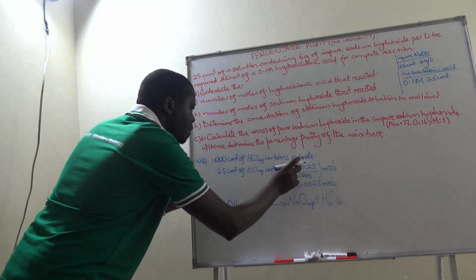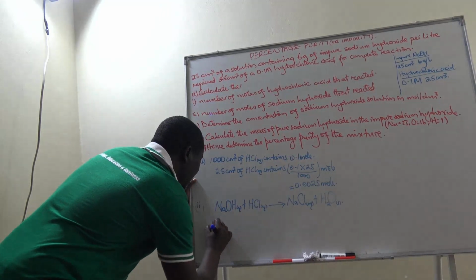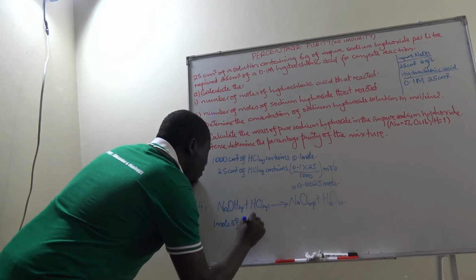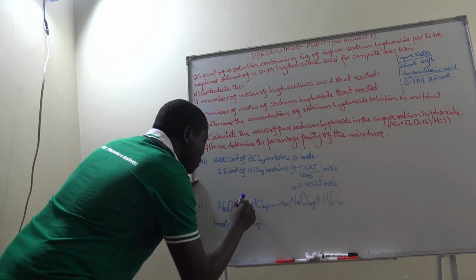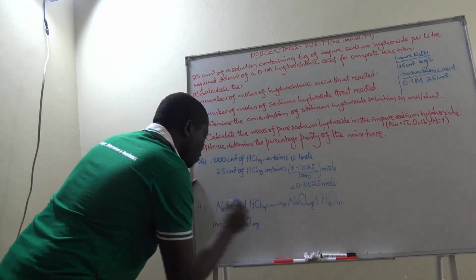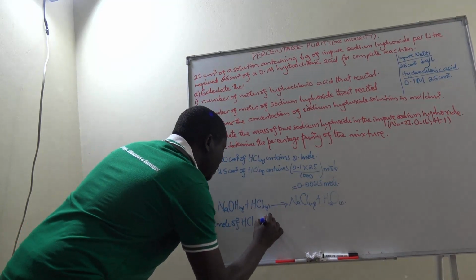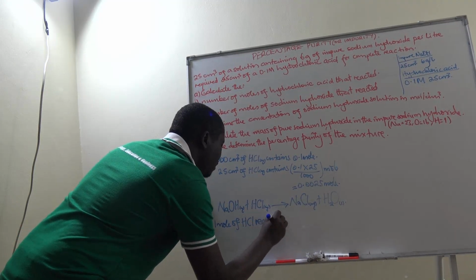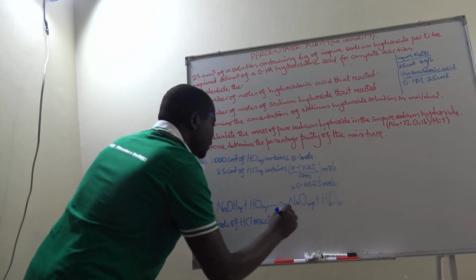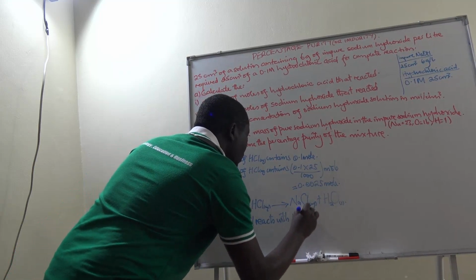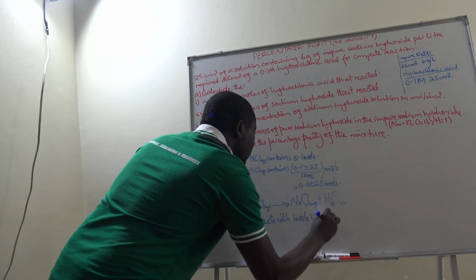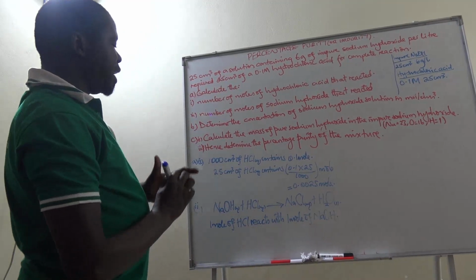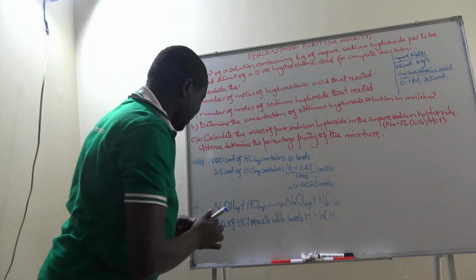So since we know the number of moles of hydrochloric acid, we start with it and say 1 mole of hydrochloric acid. Remember, we are using the mole ratio. This is 1 to 1. 1 mole of hydrochloric acid reacts with 1 mole of sodium hydroxide. We are looking for the number of moles of sodium hydroxide. So we take sodium hydroxide to our right hand side.